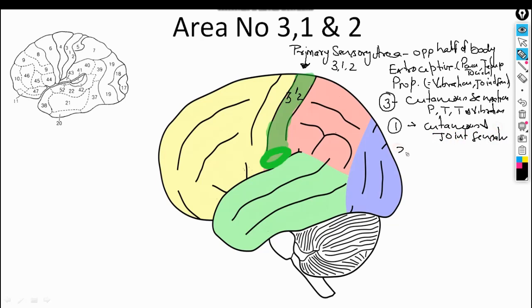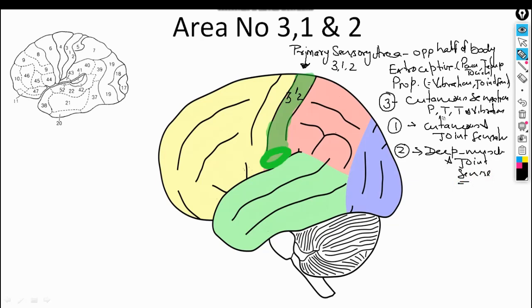Whereas area number 2 is for sensory input from the deep muscles and for joint sense. Clear?